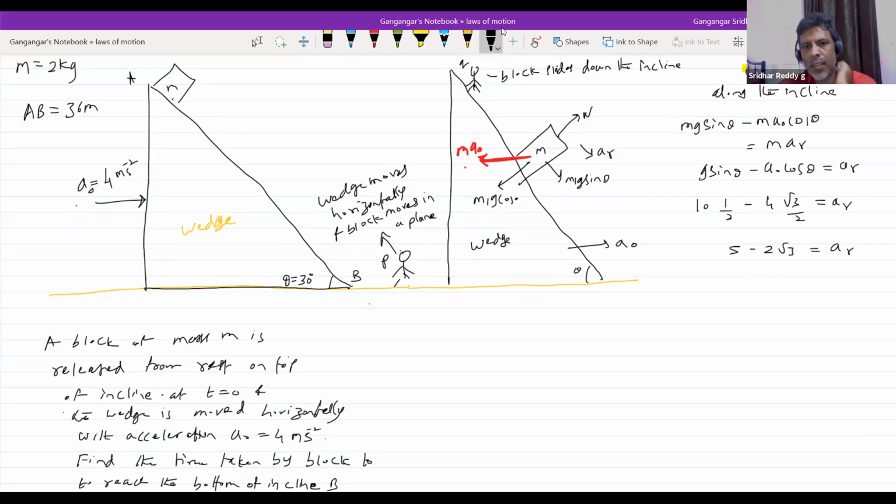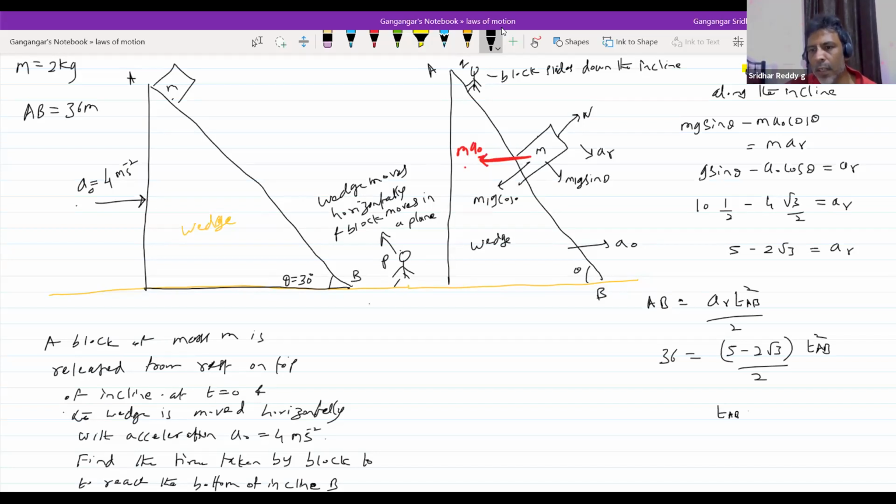Then what is the time taken for it to slide? So shall I write AB is equal to ar tAB square by 2, because it is released from rest, no? We know the value of AB. AB is how much? 36 meter. 36 equals ar, value 5 minus 2 root 3, by 2 tAB whole square.